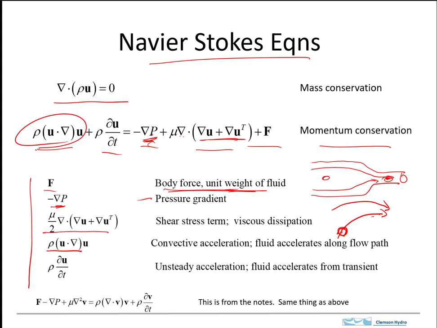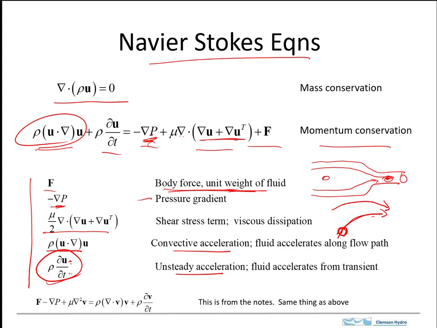It's going to be moving faster, and that's called convective acceleration. This term here, where you actually have the time derivative of the velocity, is what we'll call unsteady acceleration, and that's just how the fluid velocity is changing with time.